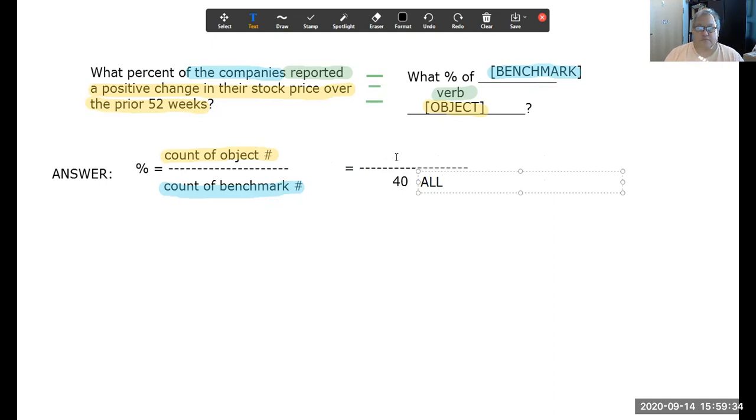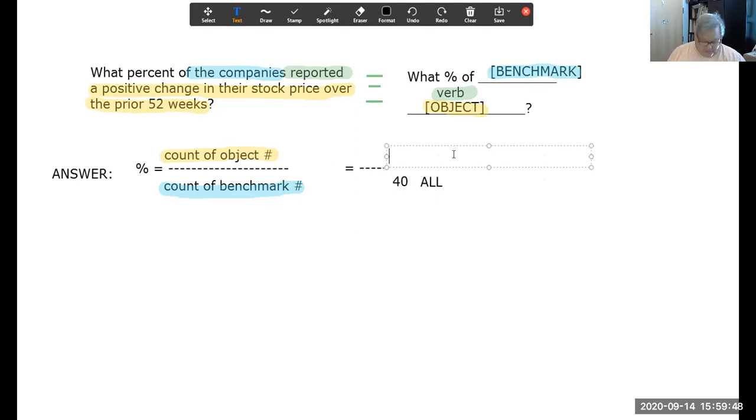Whereas the number in the top will be all companies that had a 52-week change, and that will correspond to a column total. In this particular instance, the column that I'm referring to is the column with positive annual stock changes, and that's a total of 25 stocks. So that's the column total.